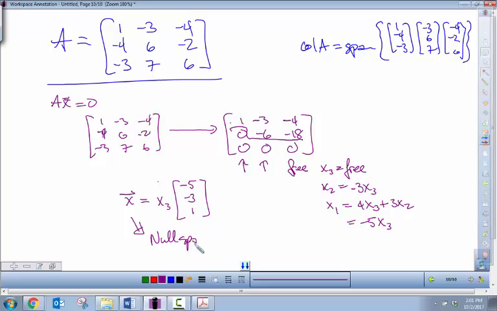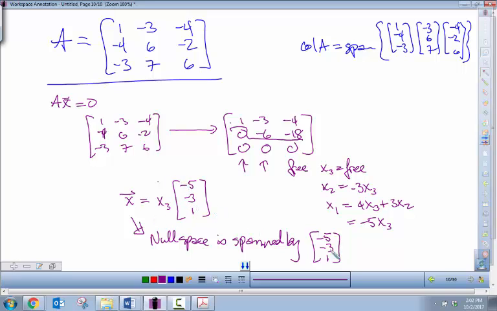Null space is spanned by -5, -3, and 1. So this is our null space. We've done these solutions before, right? When we're solving homogeneous systems, we should be comfortable writing it like this.